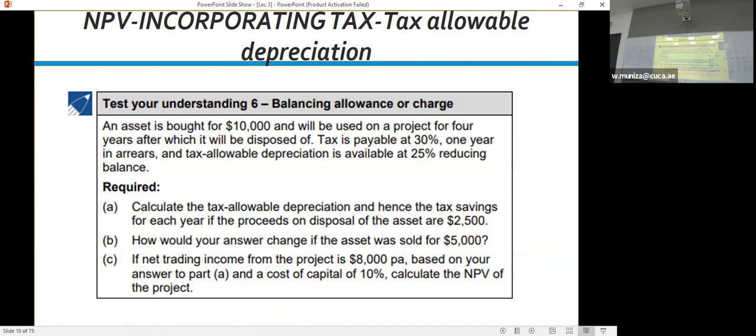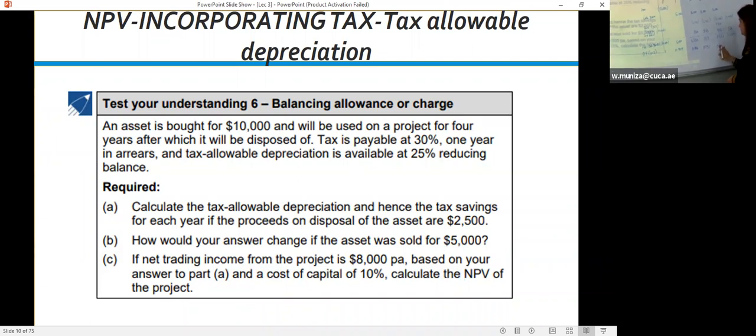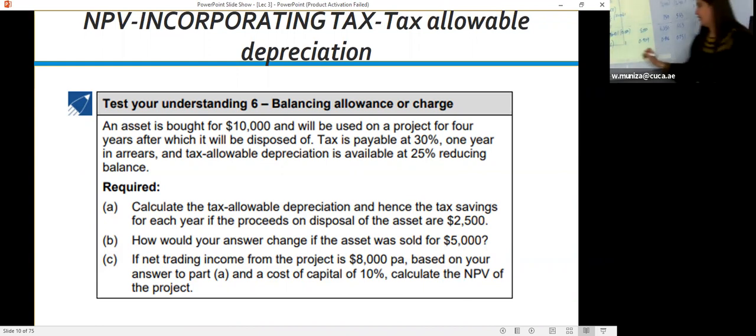Cash flow is the same, fine. The cost of capital is 10%, so for 10% you can apply the discount factors: 0.909, 0.826, 0.751, 0.683, 0.621. Now you can calculate the NPV.